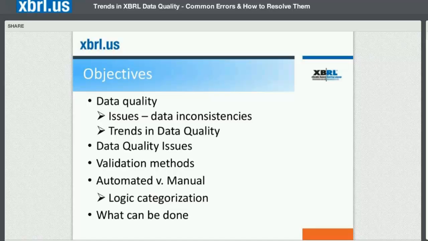And I would suggest to you that XBRL being an automated form of financial reporting, many of the checks, just like with your accounting system, should be able to be automated. And then what can be done in order to improve the quality of your data. In other words, the footing and proofing of your XBRL financial information prior to issuance.